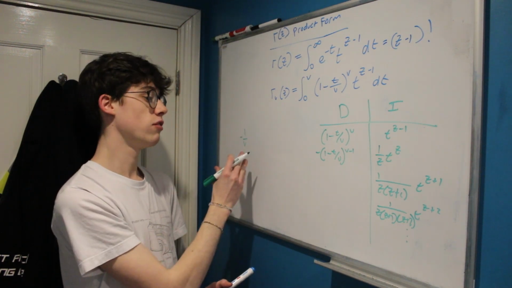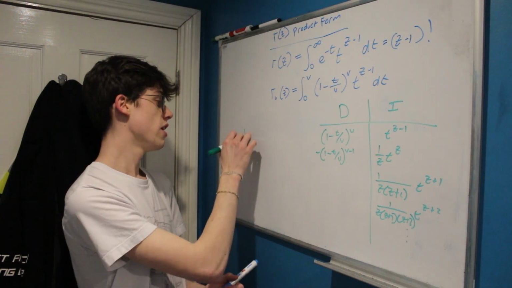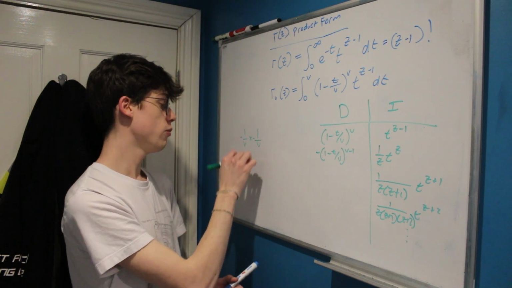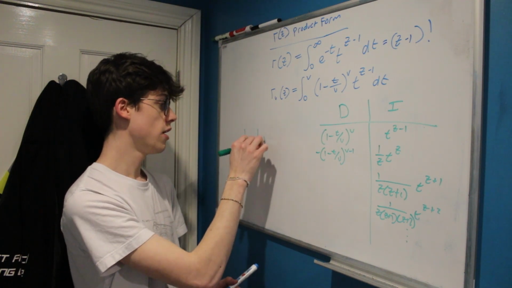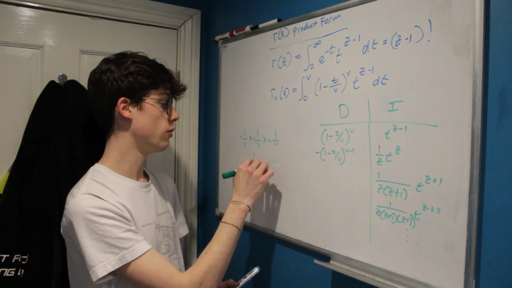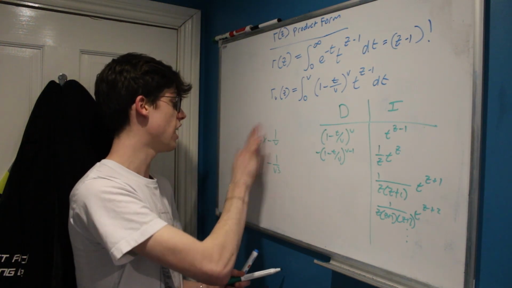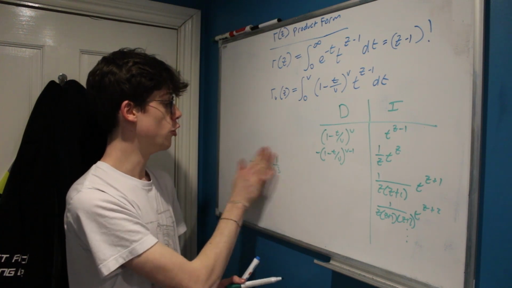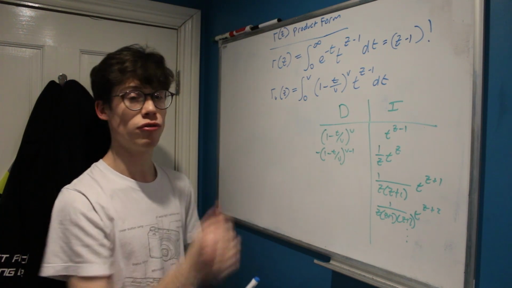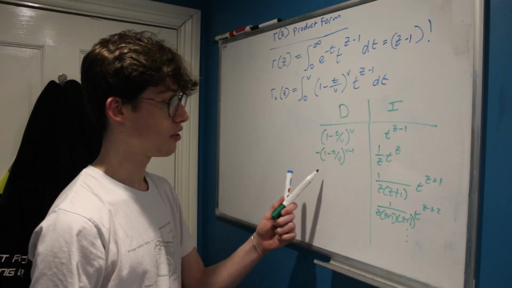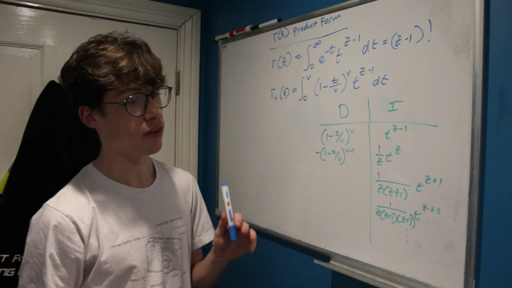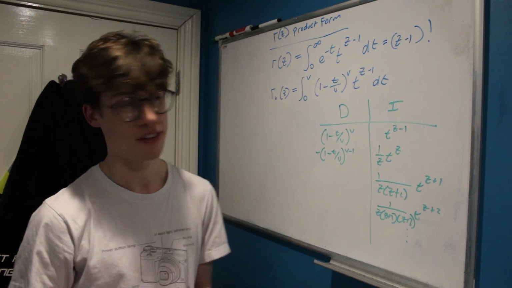So for the second derivative, we'll have another negative 1 over v. For the third derivative, we'll have another, which will give us 1 over v squared. For the fourth derivative, we'll have another, which will give us negative 1 over v cubed. So we can see that we're going to have a power of v on the denominator, which will be increasing after the first derivative, and that we're also going to have alternating negative signs.